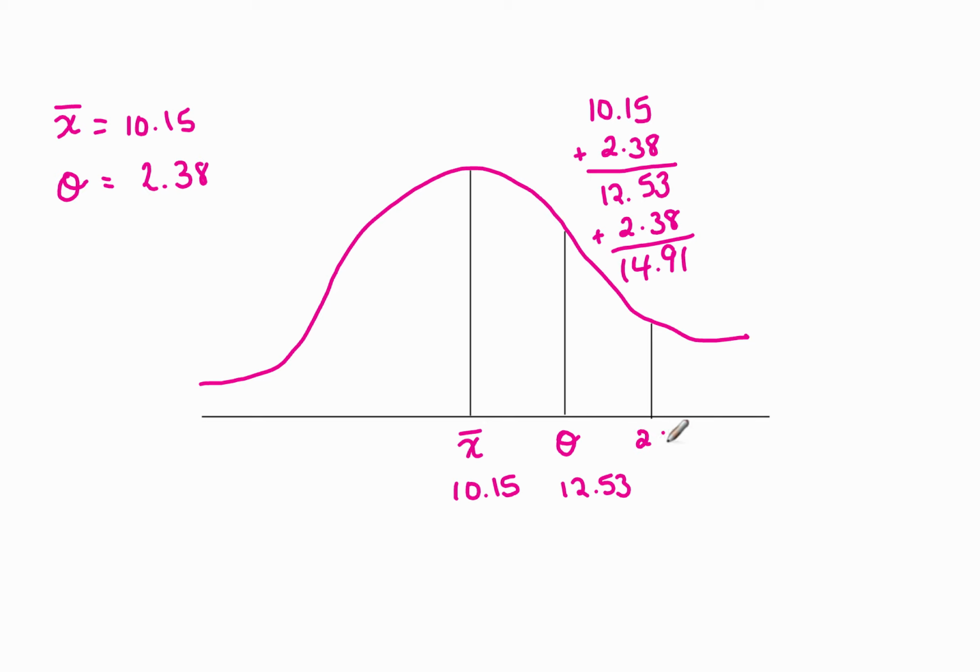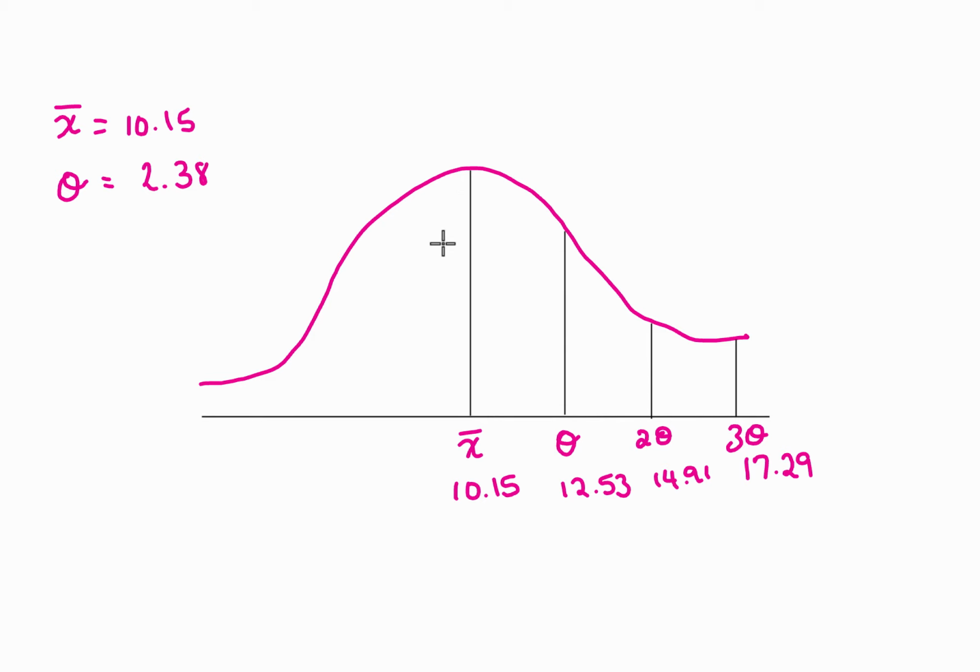So two standard deviations above is 14.91. And then, yep, we went 3 standard deviations above, and that's generally where we stop. 14.91, add on one more standard deviation. It's 17.29.